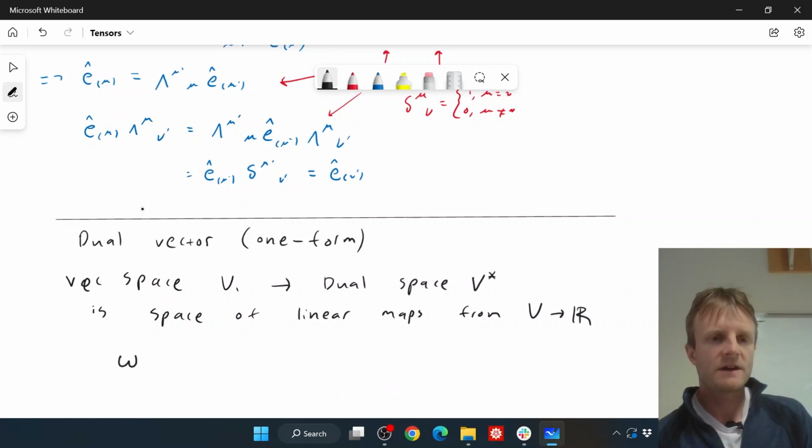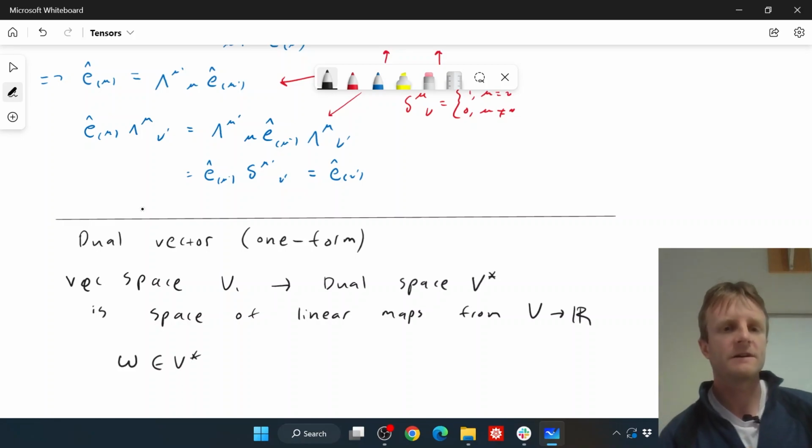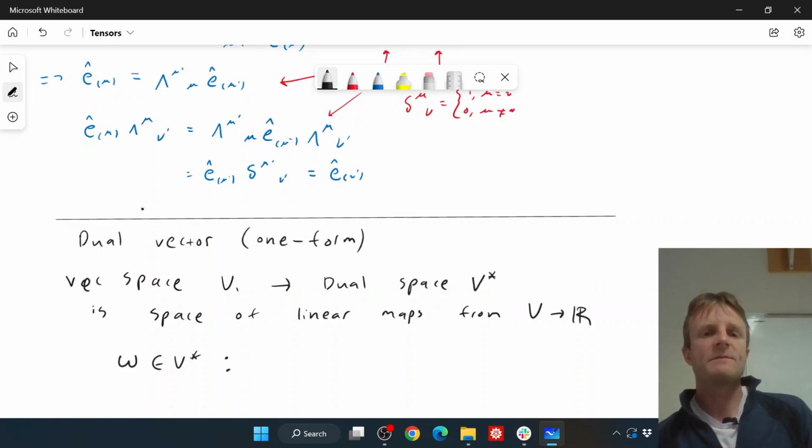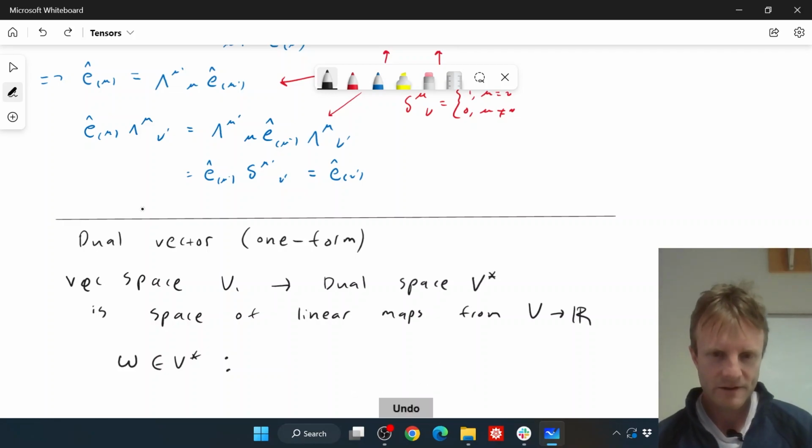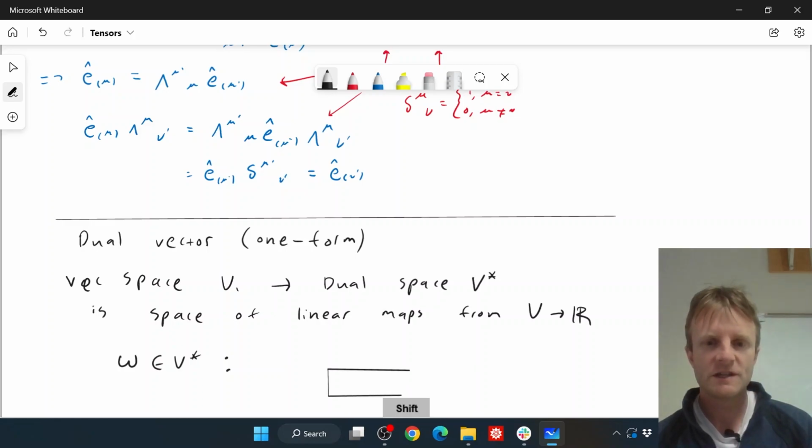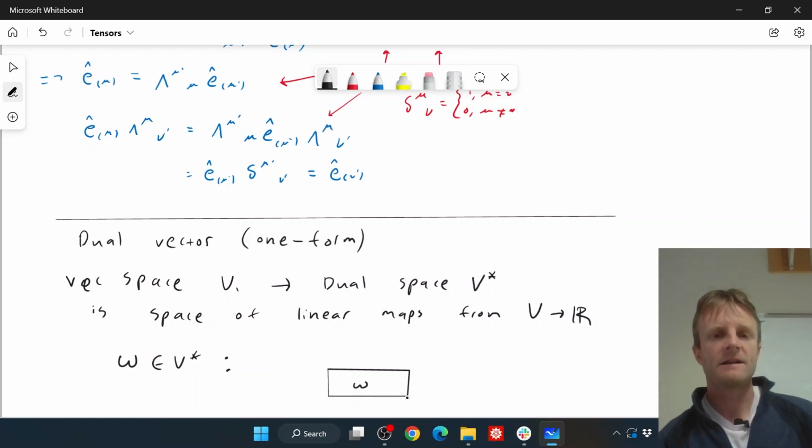So let's take a dual vector, omega in V star. So how do we think of omega? I like to draw a little picture. So I like to draw my little machine here. The machine is omega, and it's got like a little spout.